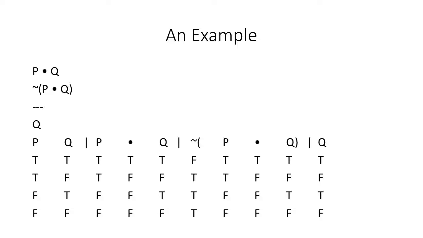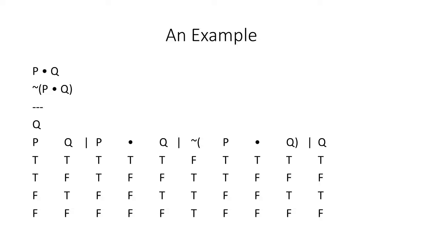Now what do we want to do? We want to look at the truth values of the first and second premises and the conclusion. Remember, what we're looking for is a row where the premises are true and the conclusion's false at the same time. If there's no such row, then the argument is valid. But if there is a row where the premises are true and the conclusion's false, then the argument's invalid.